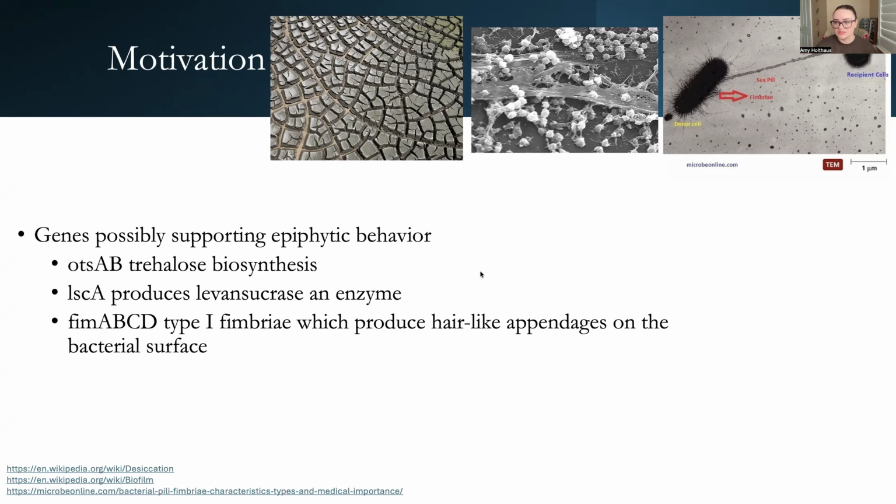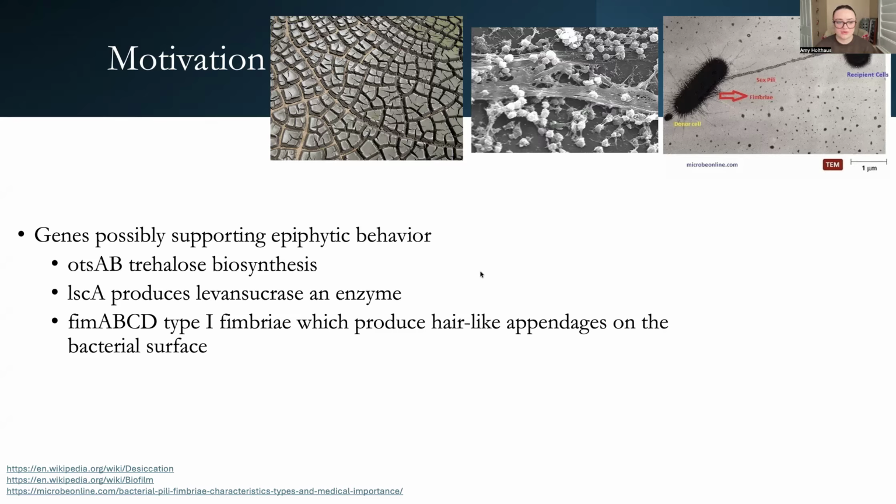So when no water is available, it still protects important cellular components, and so therefore it can survive in those conditions. And then there is a gene called lscA, which produces levansucrase, which is an enzyme that converts sucrose to levan.